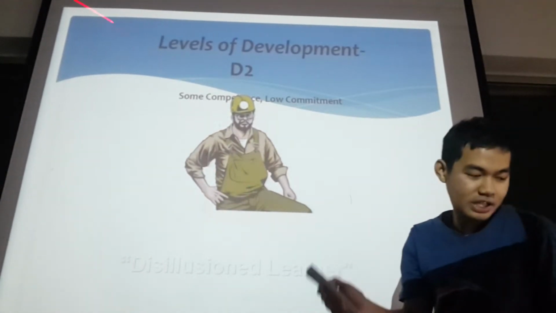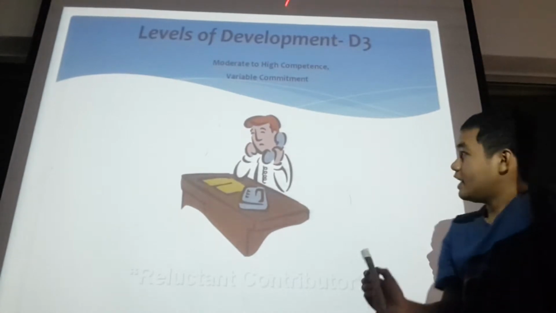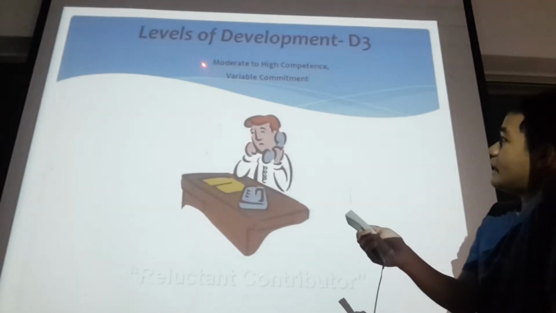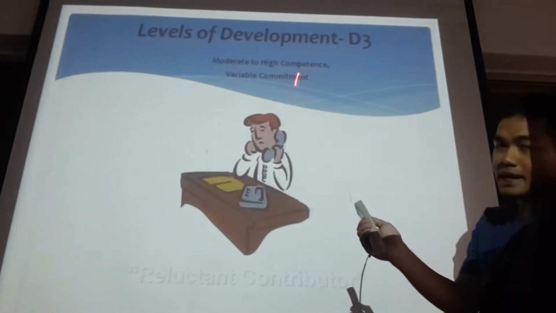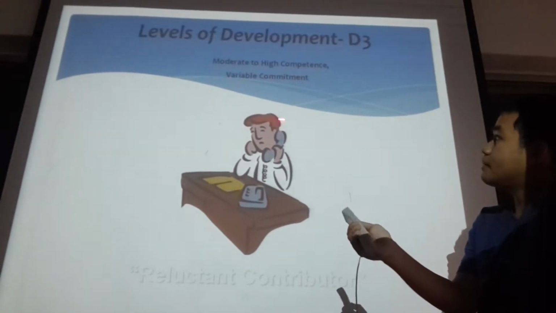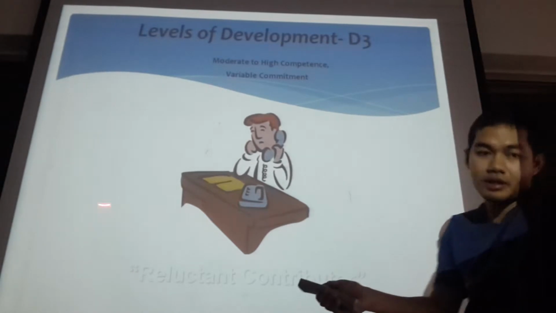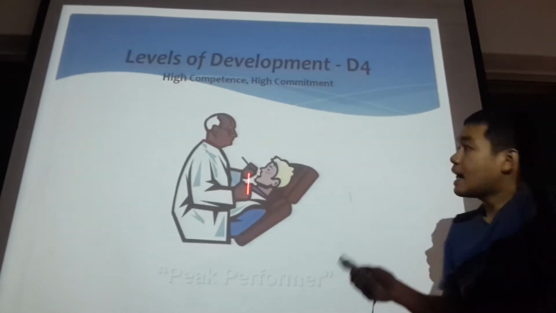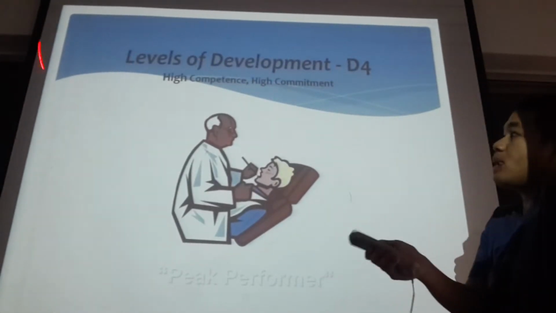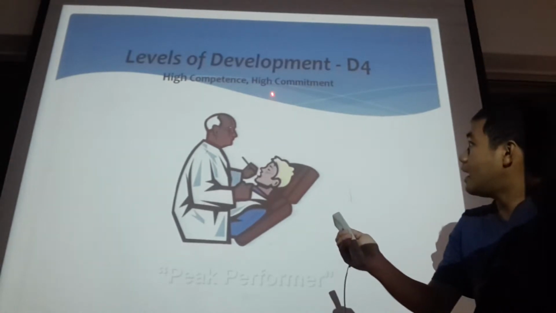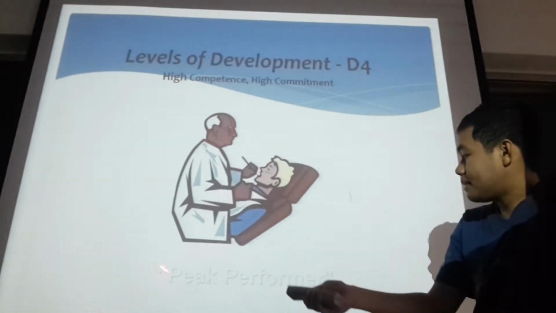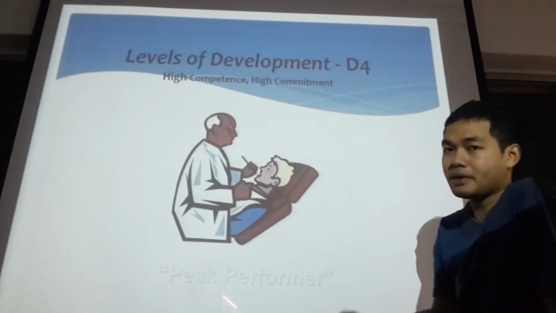Like this, the pictures are like this. And here, development number 3. They have moderate to high competence and variable commitment. We call it reluctant contributor. Level of development D4, high competence and high commitment. Peak performer.